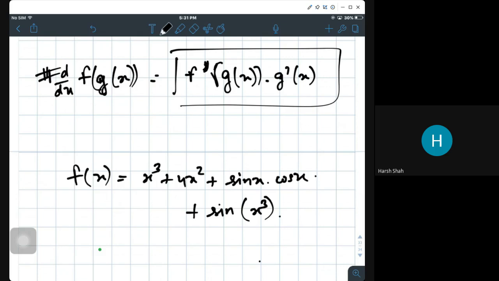And Soumya, did you get the question? sin x by x for x not equal to 0, and 1 for x equal to 0.